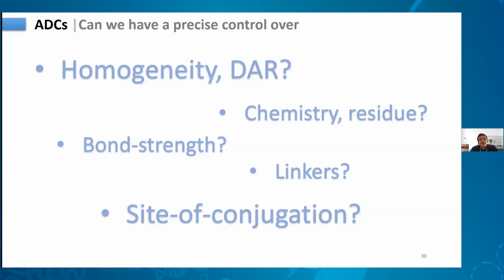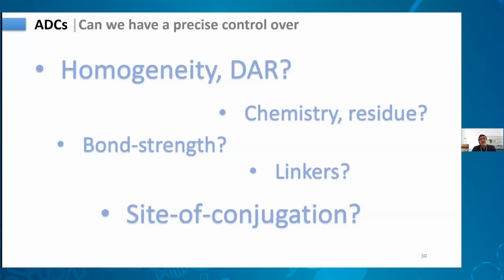What sort of chemistry can be offered? And will there be opportunities to have a regulation there? Will there be an opportunity to control the residue on which the toxins are conjugated? Can we control the bond strengths? What will be the flexibility with the linkers that we want to choose? And can we also control the site of conjugation?